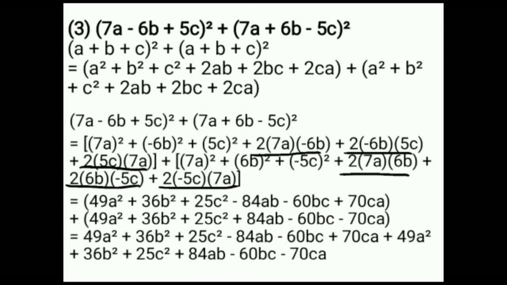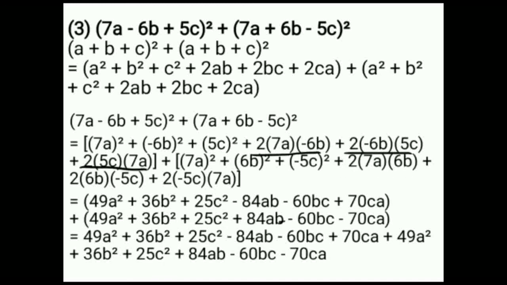Now you have to add and subtract the like terms which are the same. 49a square plus 49a square: 49 plus 49 is 98a square. 36b square plus 36b square is 72b square, because 36 plus 36 is 72. 25c square plus 25c square is 50c square, because 25 plus 25 is 50.